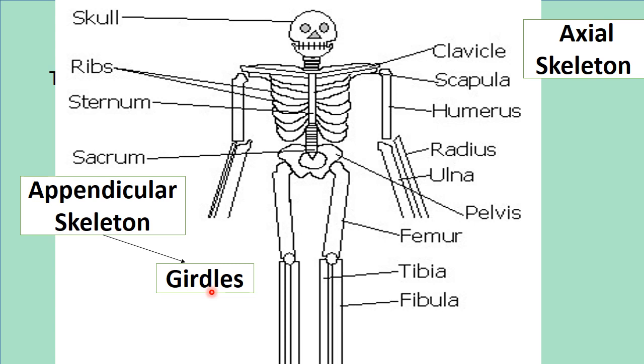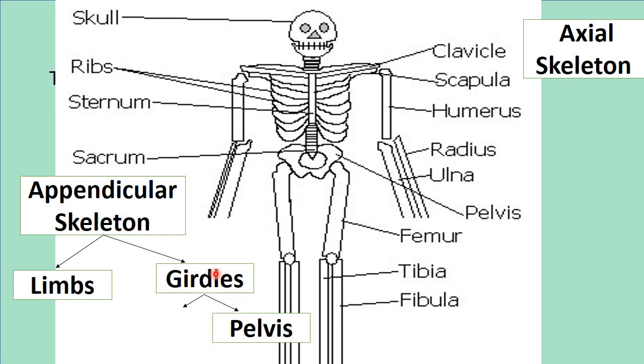Other than girdles, these other bones which are attached by the girdles to the exoskeleton are called limbs. That is, the hands and the legs are collectively called limbs. For the girdles, there are two types: the pelvic girdle and the pectoral girdle.